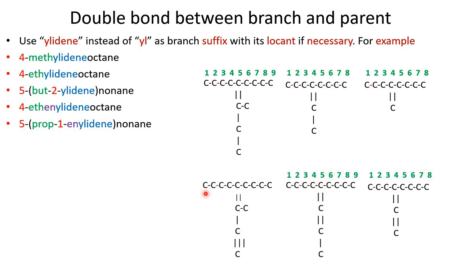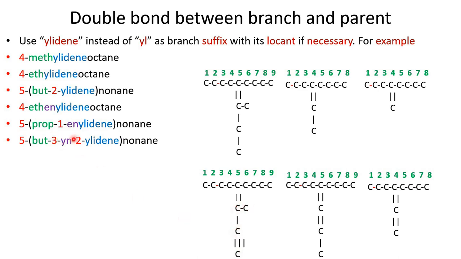What about this complex branch? This is our parent chain which has got 9 carbons. The name of this compound will be written like 5-but-3-yn-2-ylidene nonane. Because this parent contains 9 carbons, that's why the name of the parent will be nonane. This 5 shows the position of this branch which is attached at carbon number 5 at the parent chain. This but shows that there are 4 carbons in the branch: 1, 2, 3 and 4.